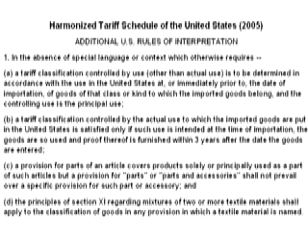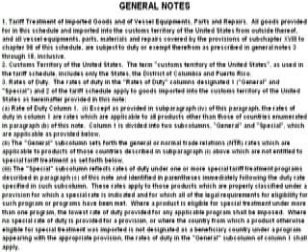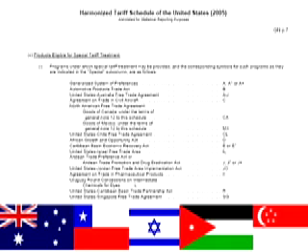Following the general rules of interpretation, there are the general notes. The beginning of the tariff book, some 35 years ago, had probably 10 pages covering those notes. That has expanded extensively in the last 10 years with the free trade agreements, and that 10 pages has grown to 485 pages in the very beginning of the tariff book before you ever get to the tariff classifications.